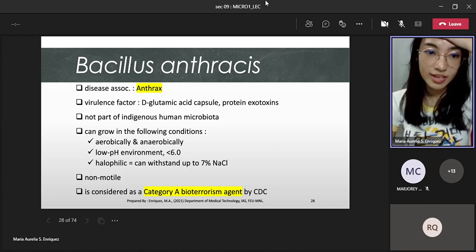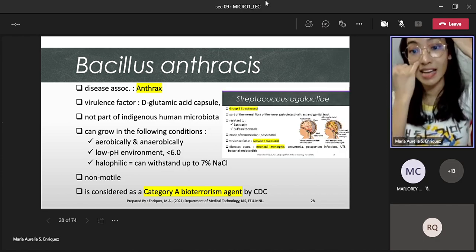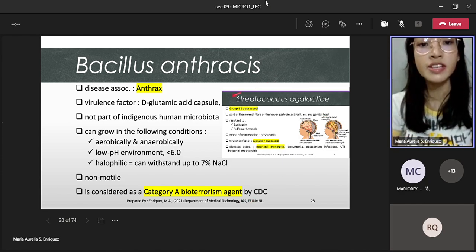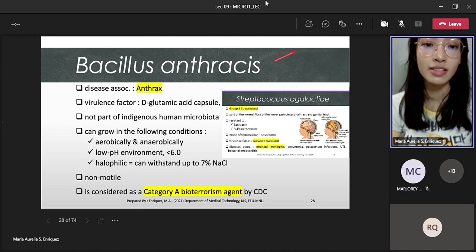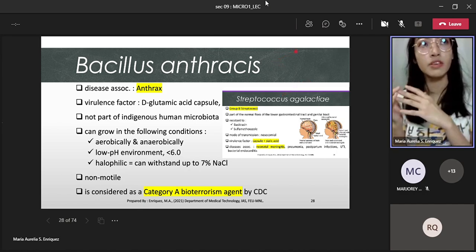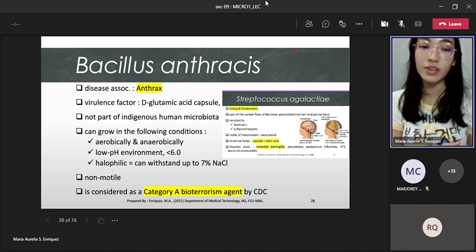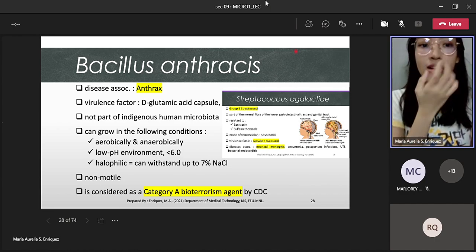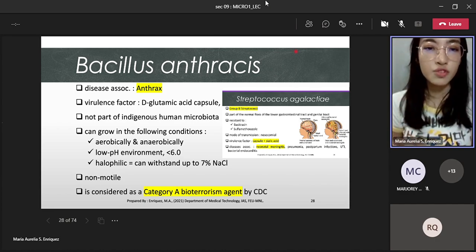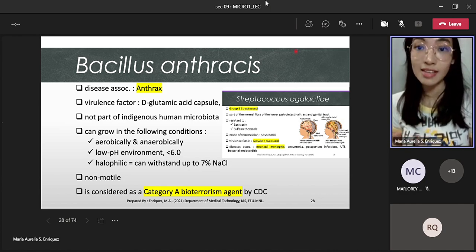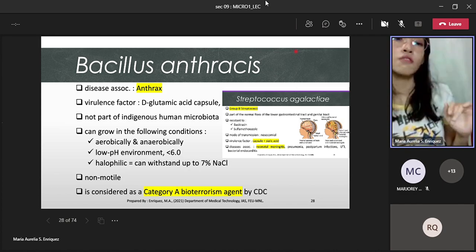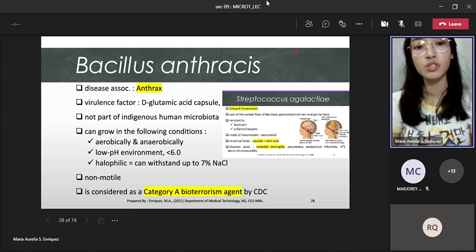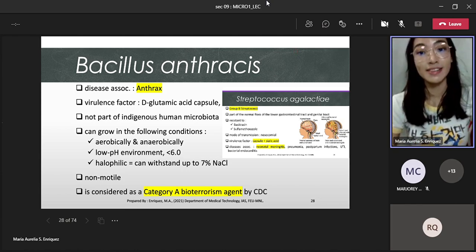All right, the correct answer is sialic acid, as shown in this pop-up screenshot. Both Strep agalactiae and Bacillus anthracis have capsules as their primary virulence factor. The difference is that the capsules of Strep agalactiae are composed of sialic acid, while the capsules of Bacillus anthracis are composed of glutamic acid.